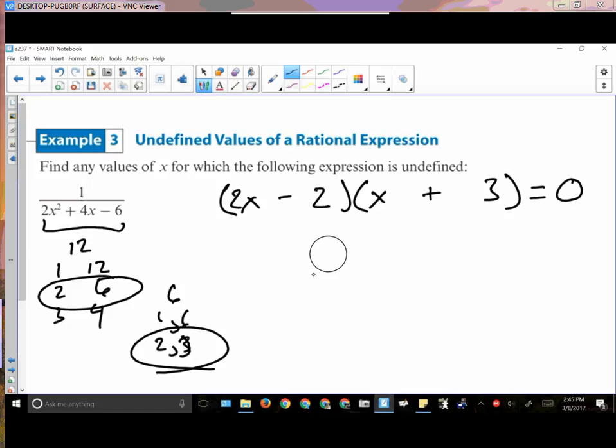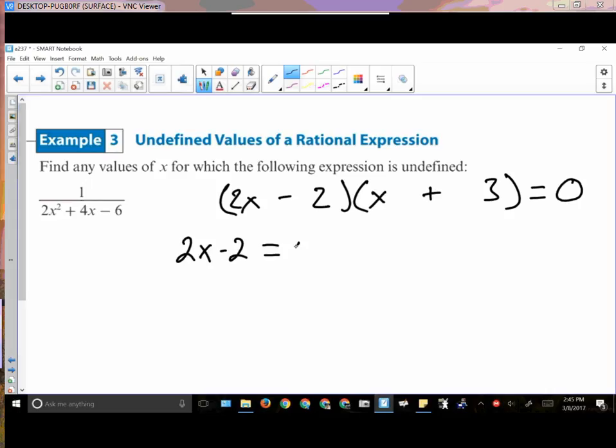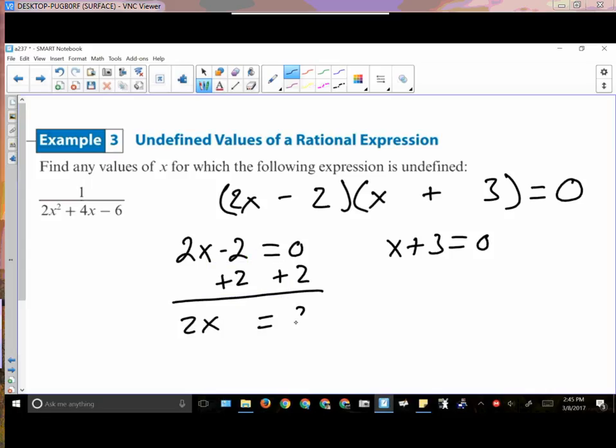So now that I am there, we need to identify where the zeros are at. So that means 2x minus 2 is equal to 0. x plus 3 is equal to 0. Add 2, add 2. 2x is equal to 2.